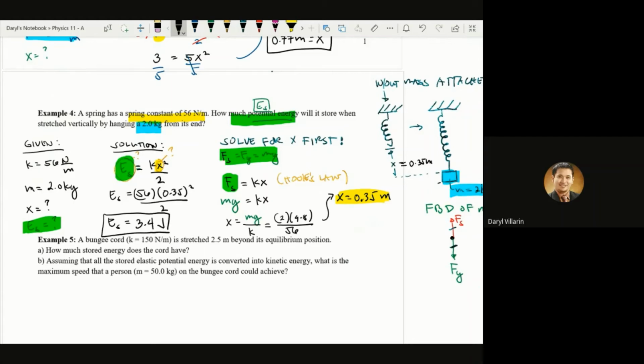So the energy stored in your spring is 3.4 joules. Any questions with this one here? Anyone? Any questions? No.